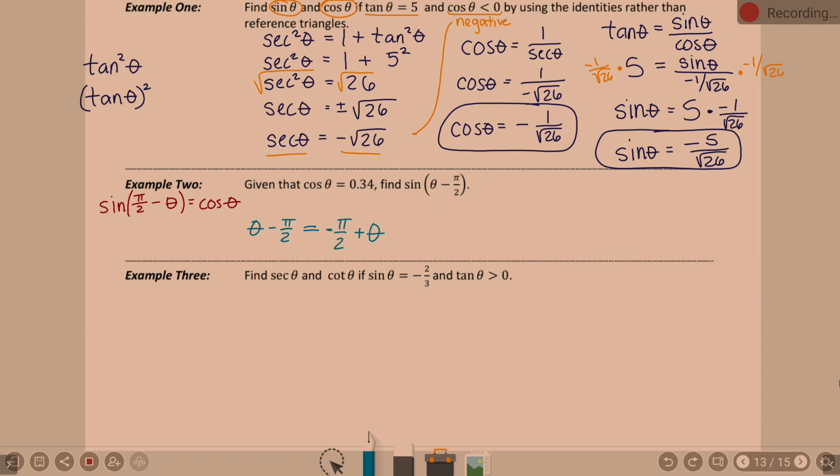Now, it's still not exactly though, is it? What is it different by? It's different by a sign, right? So if you think of it as factoring out a negative, if you factor out a negative, it's the negative of pi over 2 minus theta.